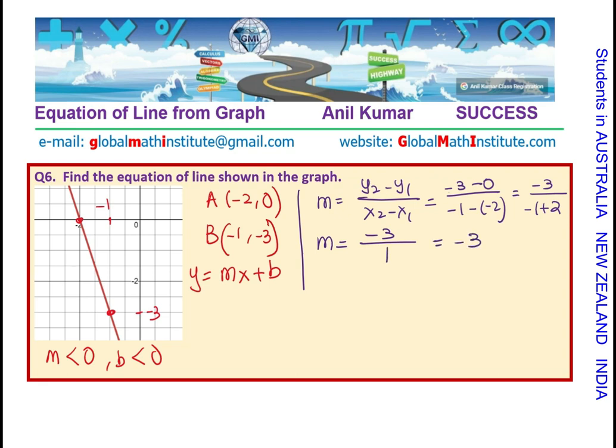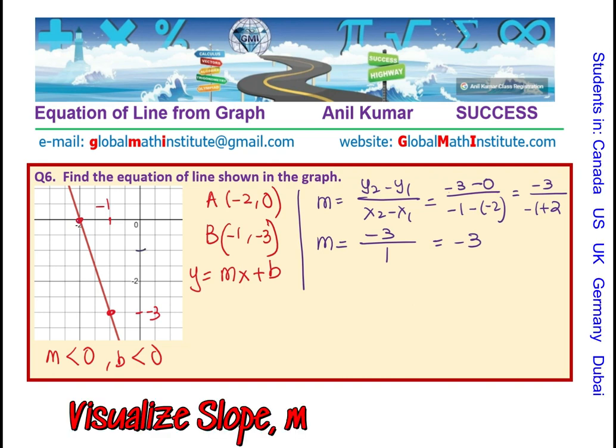Makes sense, right? Negative 3 means you go down 3 steps from here, right? So each step is 1 unit. So 1 step, 2 steps, and 3 steps down, minus 3 and 1 right, correct? So that gives you the slope. You understand? Minus 3 over 1, correct? 3 down, 1 right, correct.